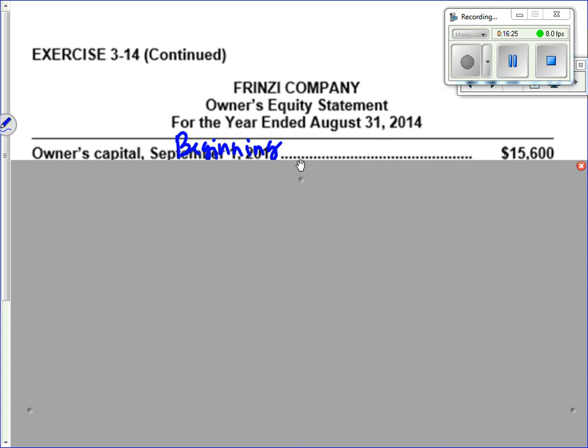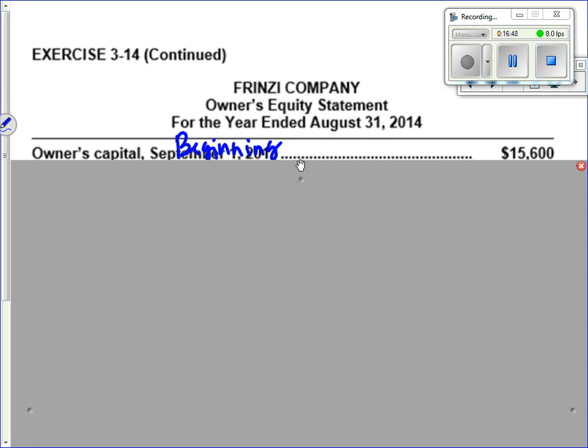Where are we getting 15,600? Where are we getting that number? From the trial balance. Megan's got it. So do you see where it says owner's capital and it says 15,600? That is what we went into the fiscal period with in that account.